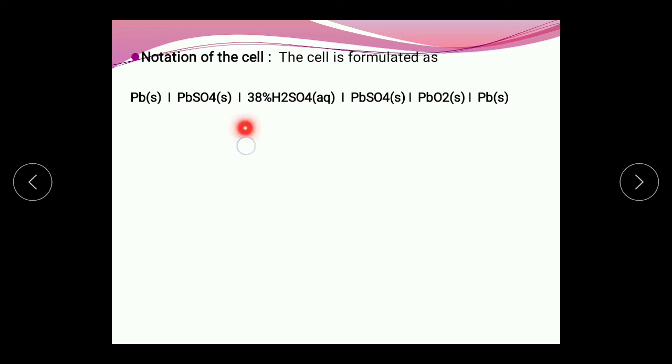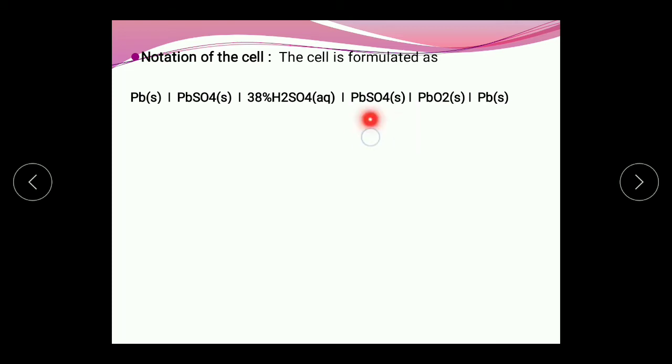Again, single vertical line, 38% H2SO4, which is in aqueous state. Again, single vertical line, lead sulfate solid, single vertical line, lead dioxide solid, single vertical line, lead solid. This lead with lead dioxide is cathode and plain lead is anode. What is in between? H2SO4 38% by mass is an electrolyte which we place at the center.